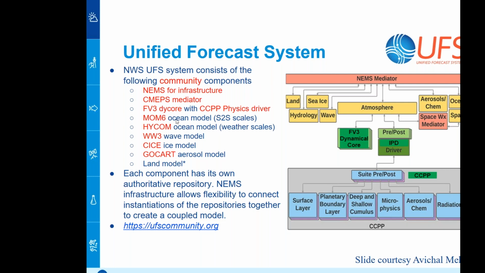And MOM6 is one of these community components that is contributing to the new unified forecast system, each one of which has its own authoritative repository, its own testing regimes, its own basically way of trying to keep as many people engaged in as useful a way as is possible.